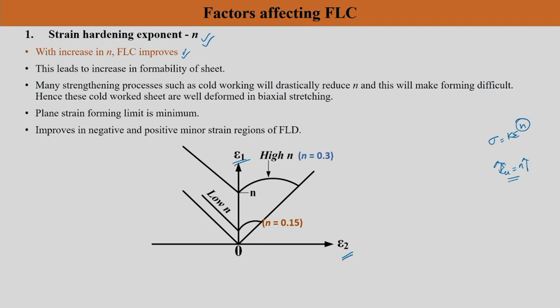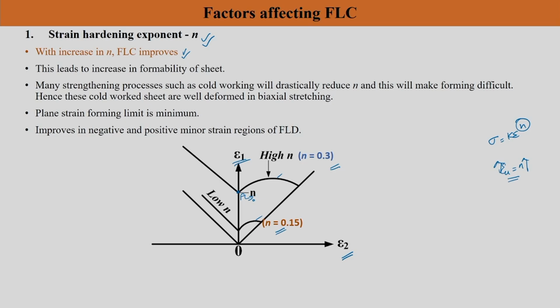For a larger n value, let us say 0.3, you will have a forming limit curve like this, but for a lower n value like 0.15, you have a forming limit curve like this. The forming limit curve improves with increase in n value, and the effect is very clearly seen at FLD 0 and generally on the stretching side.